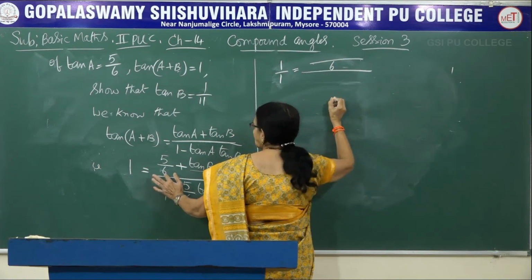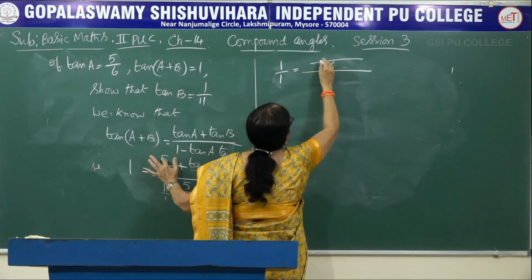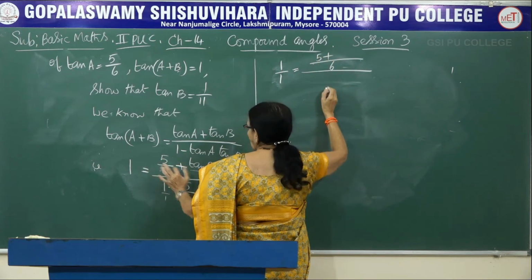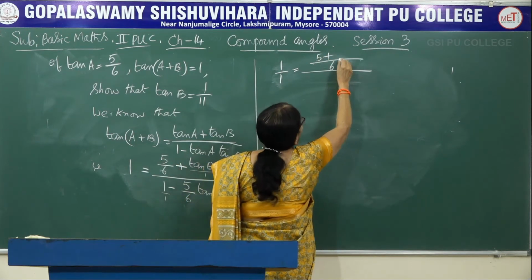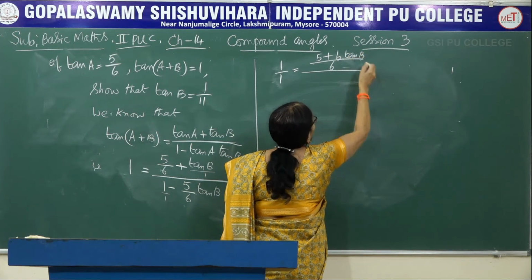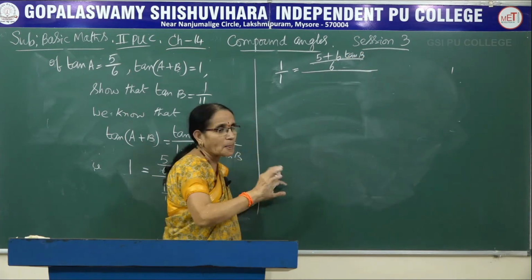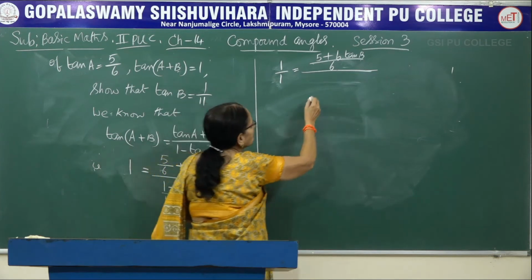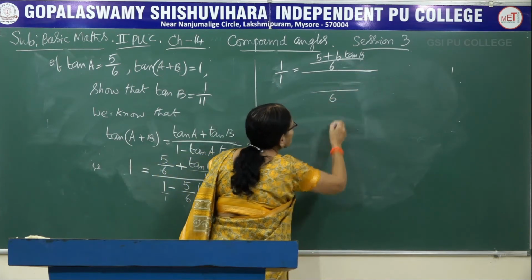Write it. Now 6 ones are 6, plus 1 into 6 tan B would be equal to 6 tan B. So numerator is over. Come to the denominator. Again the LCM is 6.